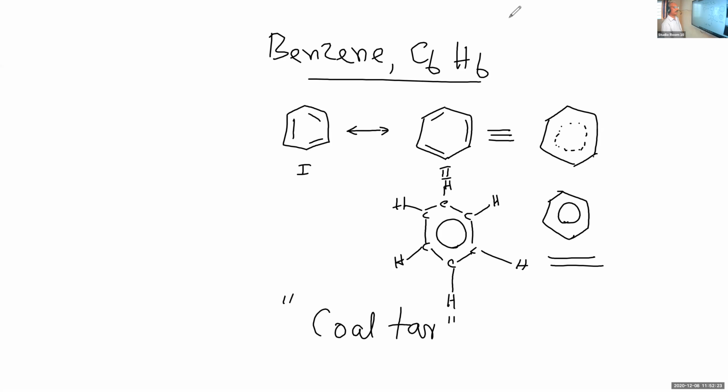Coal tar is a fraction obtained by the distillation of coal. Coal is heated in absence of air. Coal is the natural form of carbon that is mined out, from coal mines, so that is mined out.